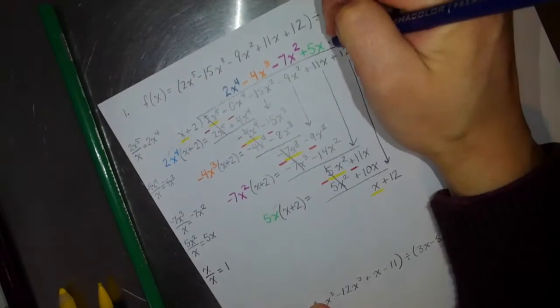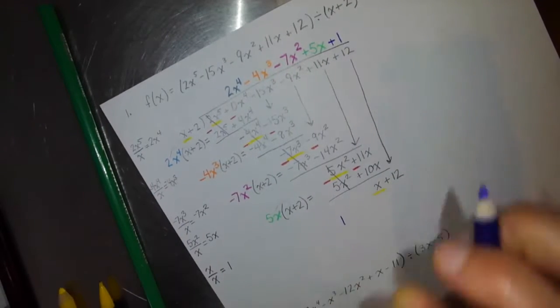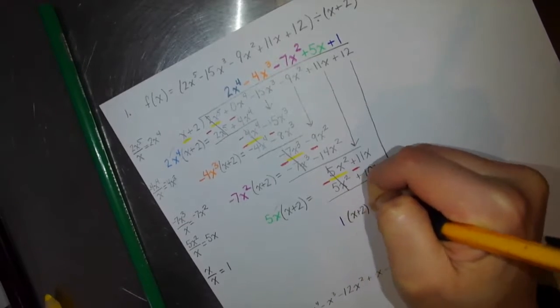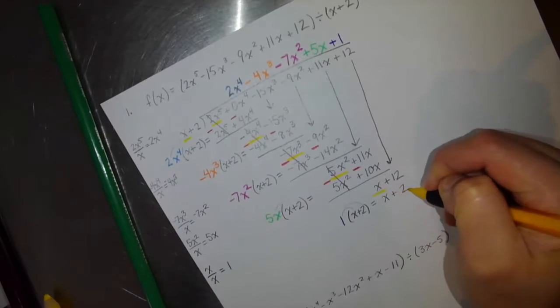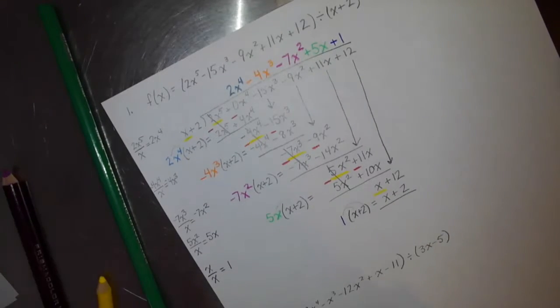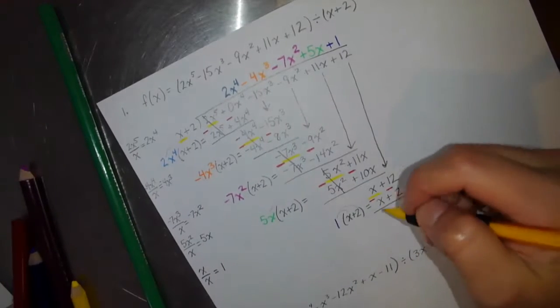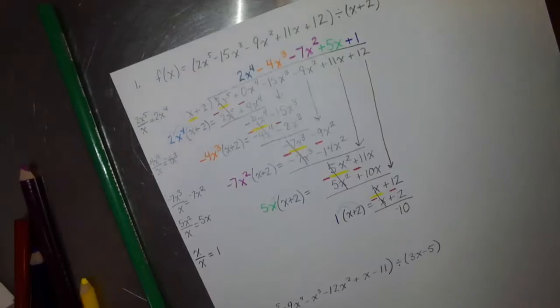That would just be plus 1. And then 1 times my x plus 2 is just going to equal the same thing. Just x plus 2 and subtract. So this first term cancels. 12 minus 2 is 10.